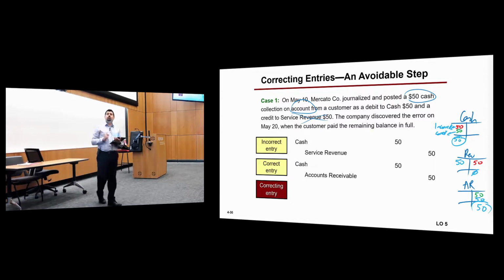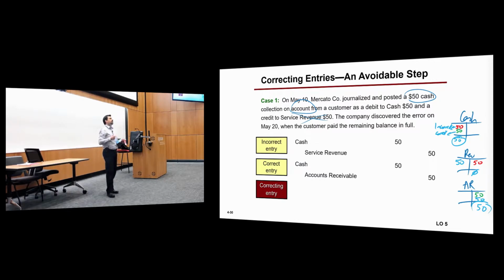We know that service revenue was credited $50. We should not have done that, so we have to put it back. How do you add it back? By reversing it. How do you reverse a credit to revenue? You debit revenue. And then you introduce accounts receivable.